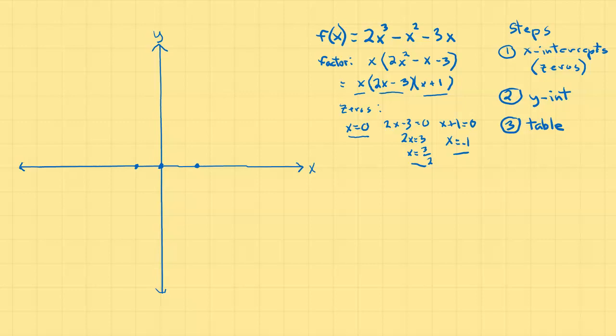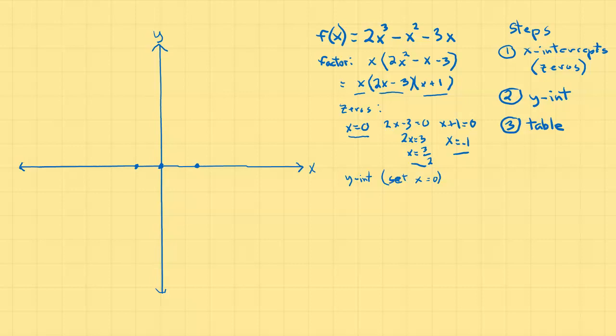Okay, and now the y-intercept in this case is also 0. I'm going to write this out. The way you find the y-intercept is you always set x equals 0, and then you just solve and find out what y is.